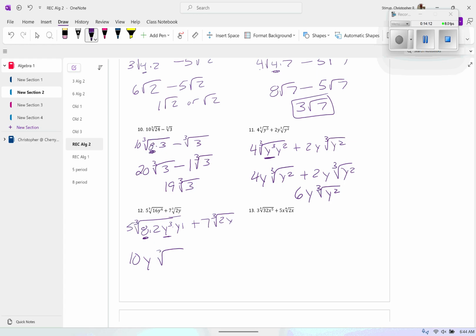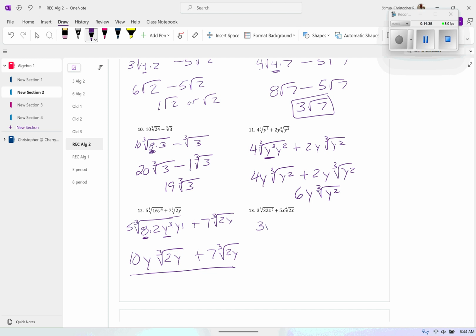And then I'm left with third root of 2y plus 7 third root 2y. 10 plus 7 is 17. Actually, there's nothing I can do. That's our answer because I have a 10y plus 7. So that's as far as I can go. Cool.